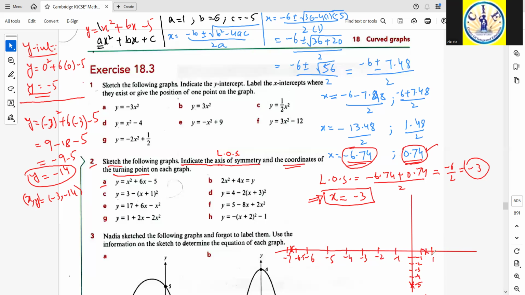So we have drawn these three points, the y-intercept and the two x-intercepts, and then we need to have this line of symmetry also. Line of symmetry means this is the line on both sides of which we are going to have the same graph. So this is the line of symmetry.